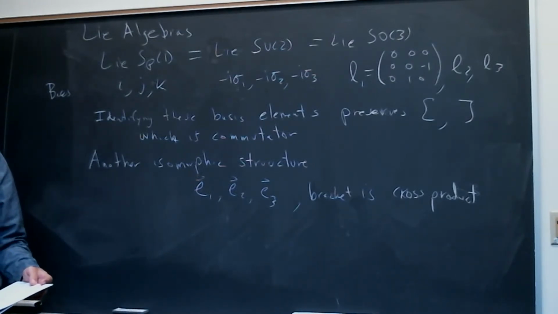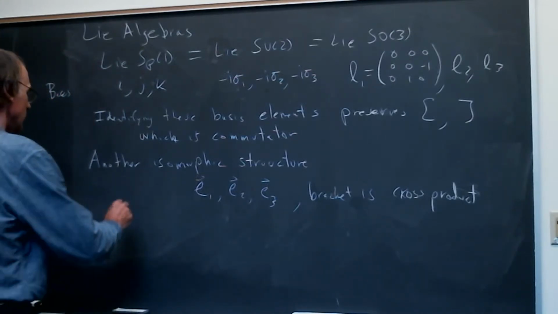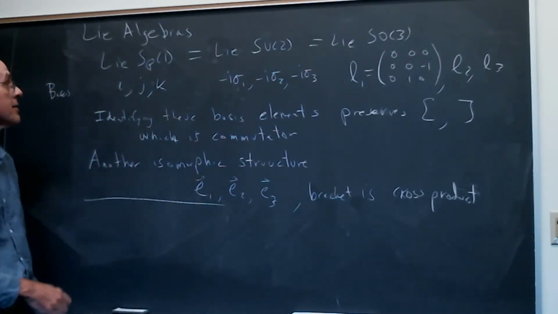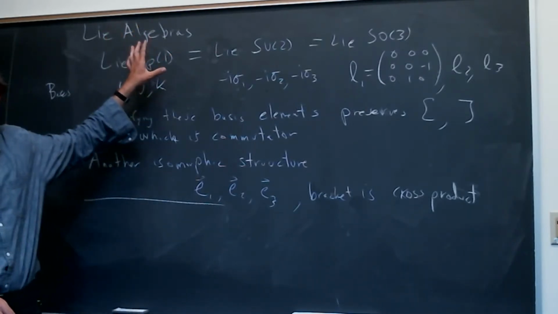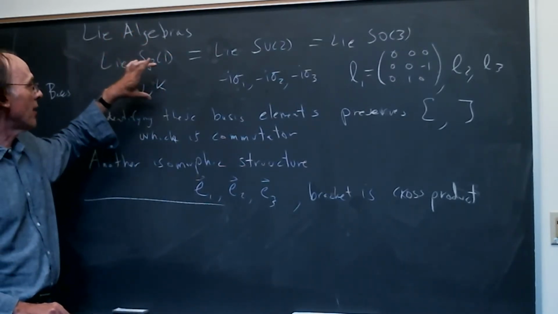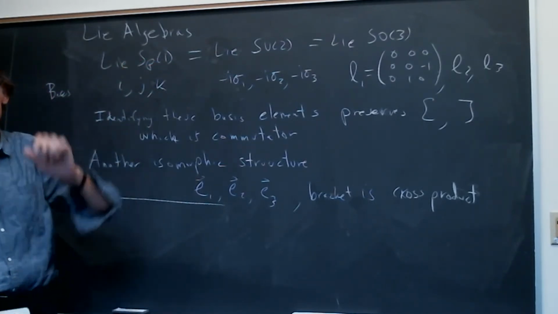Okay, and then maybe the other thing to say about the Lie algebra is that when you have the Lie algebra, you also have a three-dimensional irreducible representation of the corresponding group.